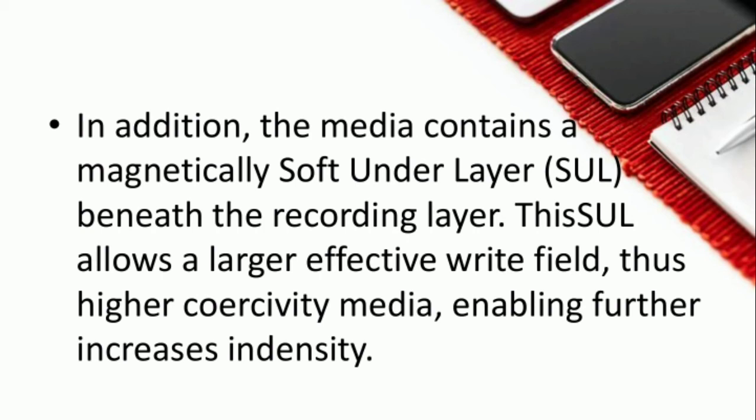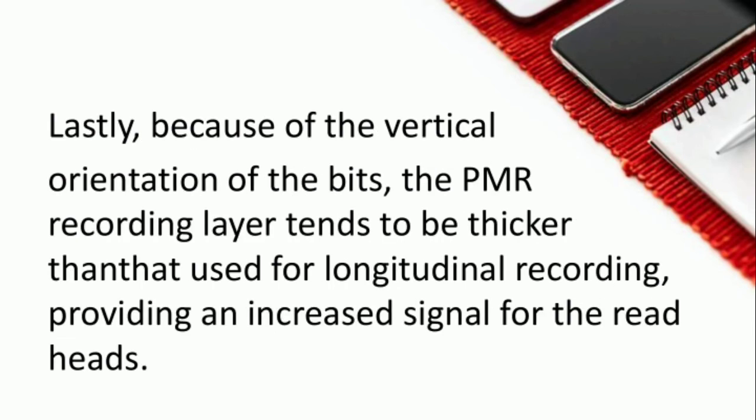This SUL allows a large effective write field, thus higher coercivity media, enabling further increases in density. Lastly, because of the vertical orientation of bits, the PMR recording layer tends to be thicker than that used for longitudinal recording, providing an increased signal for the read heads.